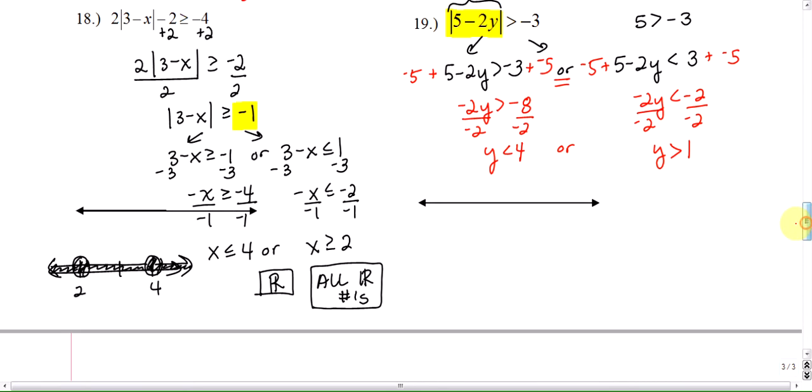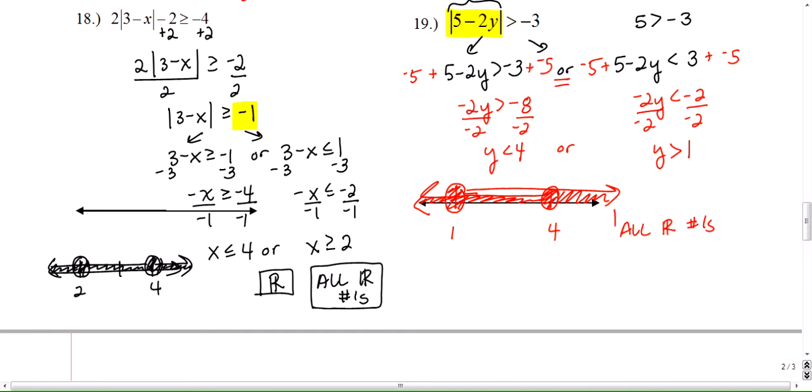We said that or usually go in opposite directions, but this one says y is less than 4, y is greater than 1, so this open circle is actually filled in by the other graph, and then this open circle is filled in because the other graph goes this way, and the whole number line is filled in like on number 18. So this is also all real numbers.